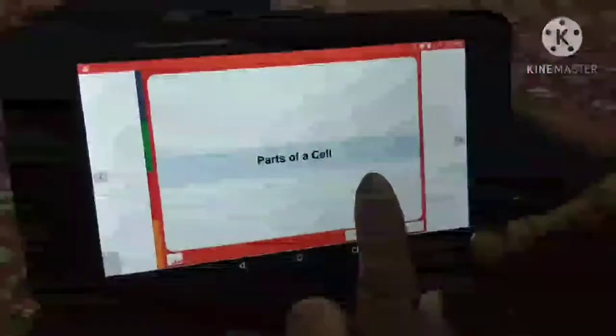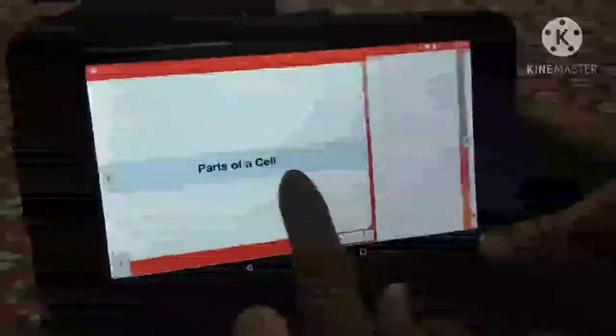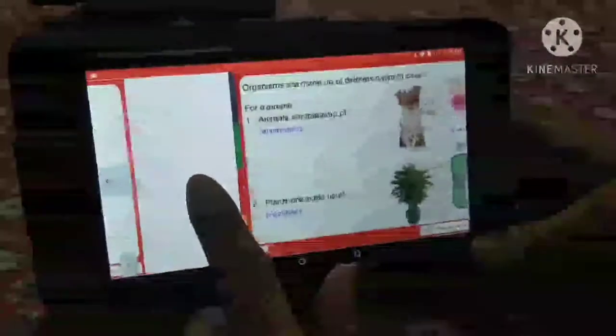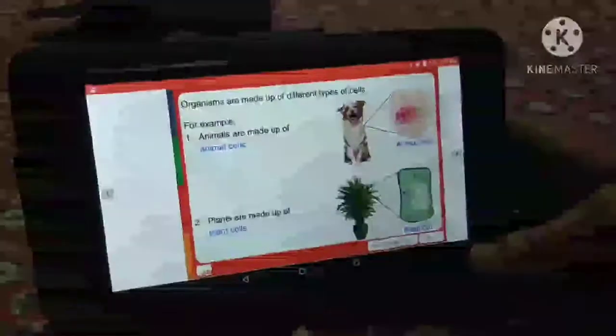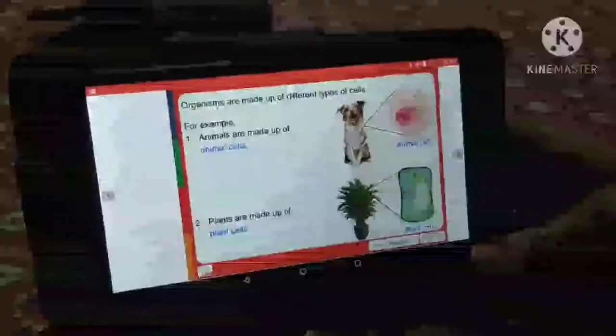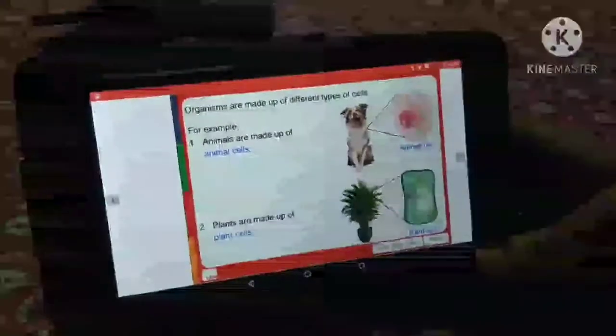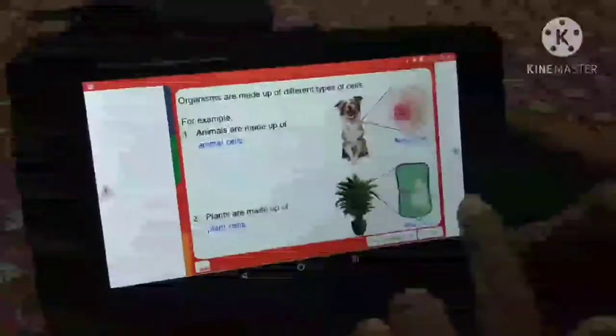Now let us learn about the parts of a cell. Organisms are made up of different types of cells. For example, animals are made up of animal cells. Plants are made up of plant cells.